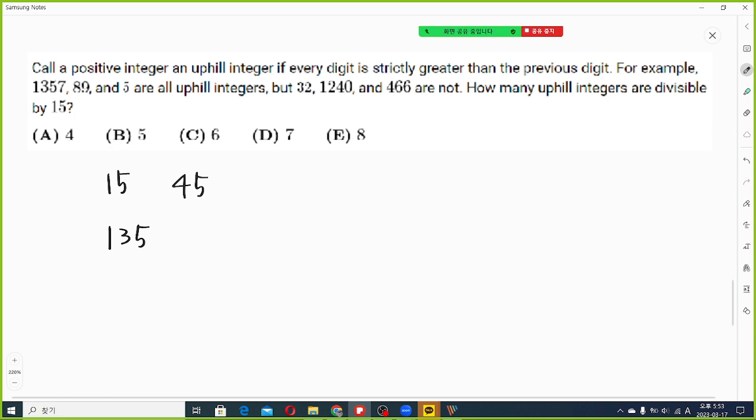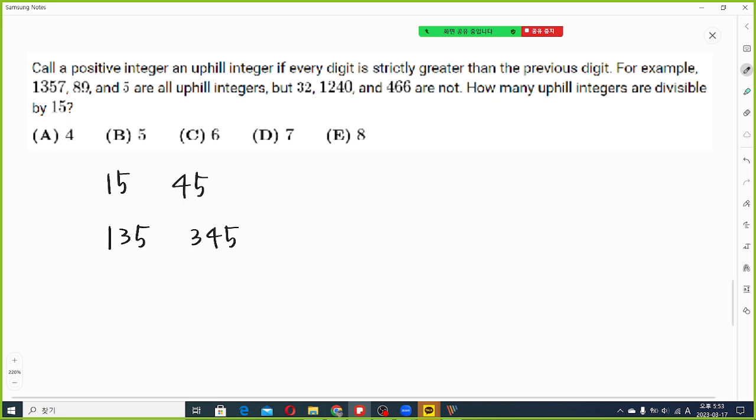Can you think of other upper integers with 3 digits? Take your time. Yeah, this is another upper integer with 3 digits.